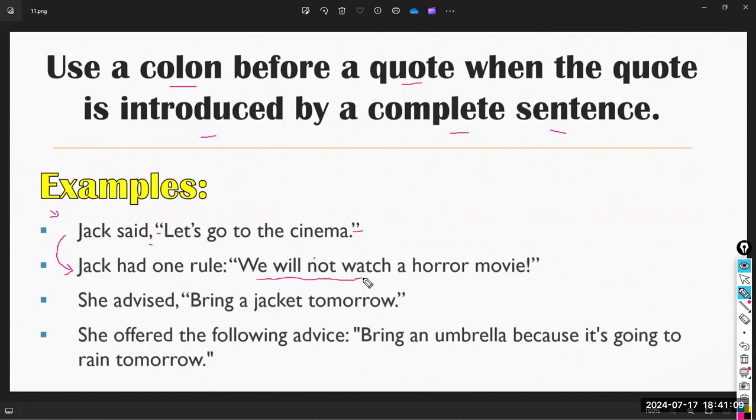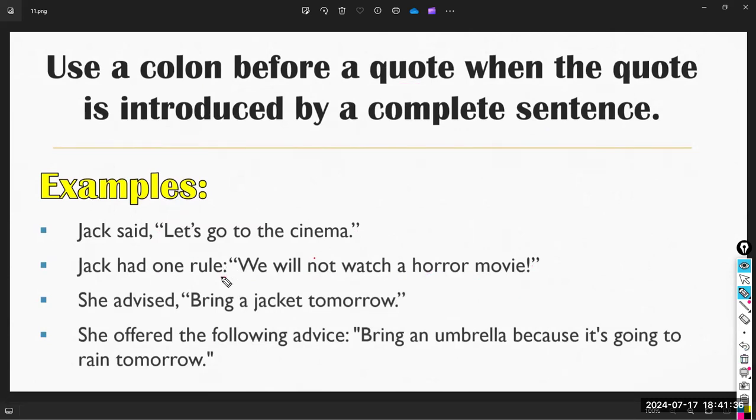Notice that this is a complete sentence. This is number one. And we notice that Jack had one rule. What is that one rule that Jack had? Let me tell you. Colon. Okay, absolutely, because it is a quotation, I have to write the two inverted commas. Some students asked me, teacher, can I use two punctuation marks together next to each other?